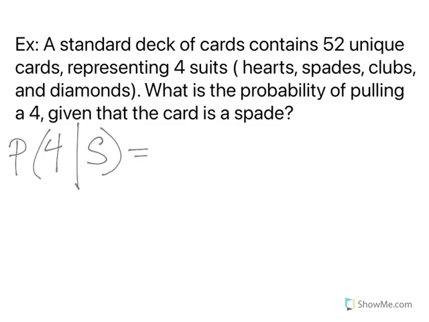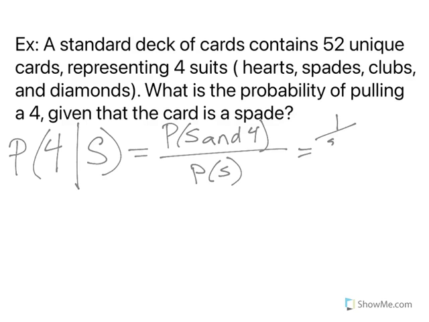This is the probability of a spade and a 4 over the probability of spades. The probability that you pick a spade and a 4 is only one of those, so 1 out of 52 cards. The probability of pulling out a spade is 13 spades out of 52 cards, because there are 4 suits with 13 of each.